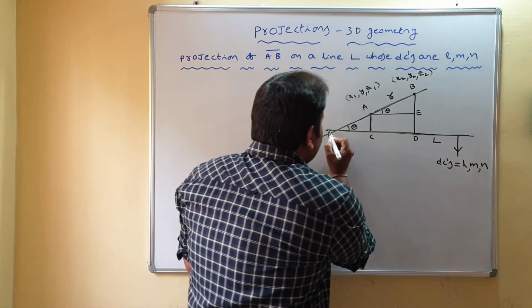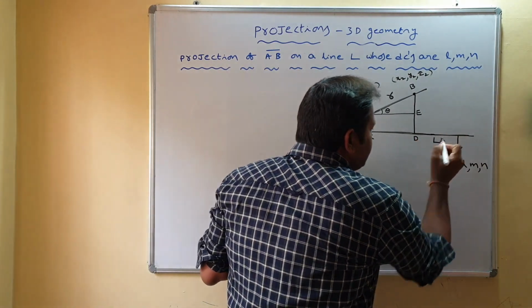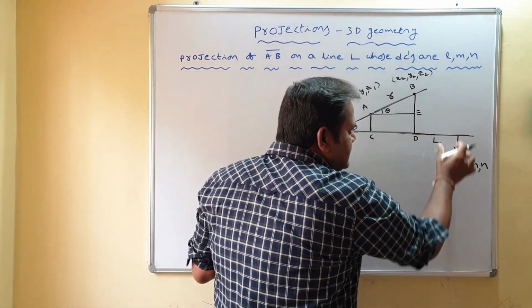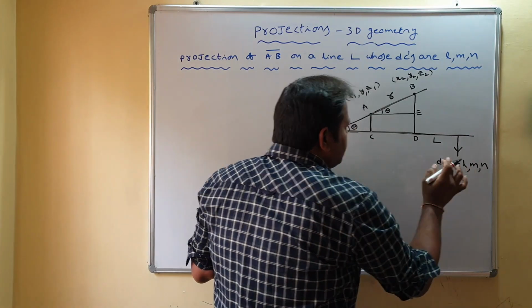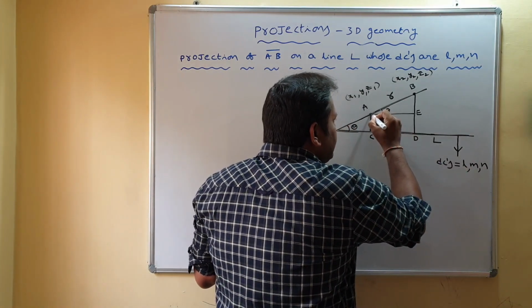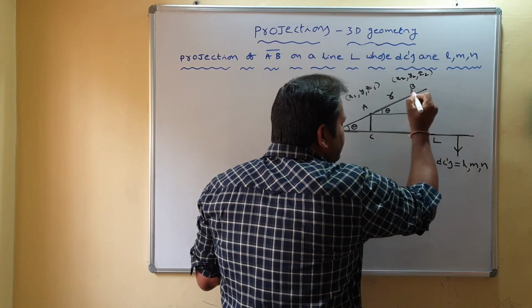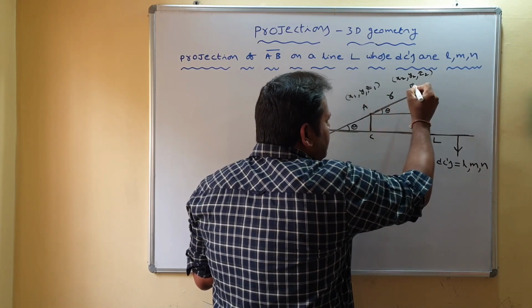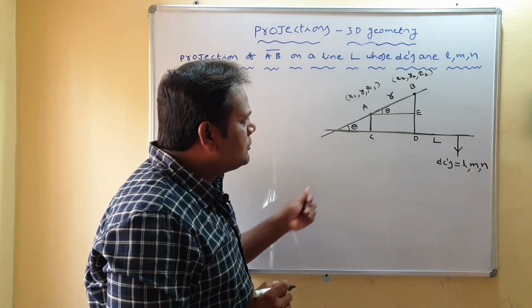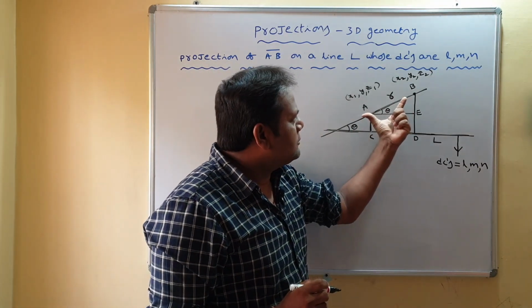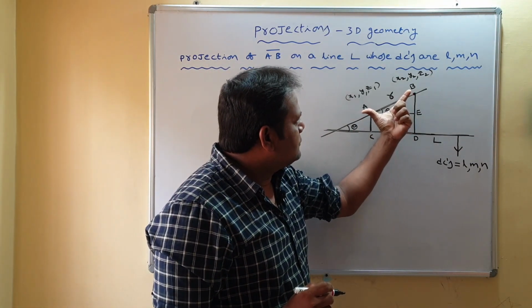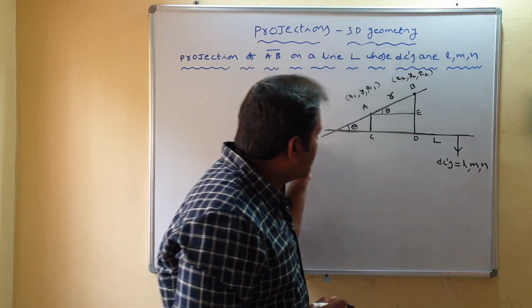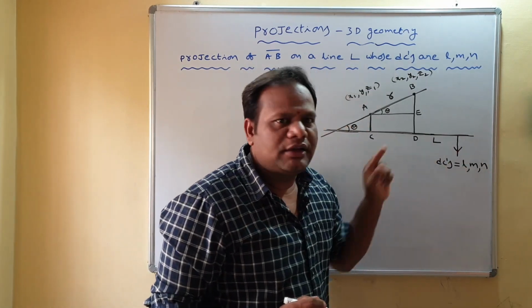Here I am taking the given line capital L with DCs l, m and n. This is point A (x1, y1, z1) and this is point B (x2, y2, z2). You have to find the projection of AB onto the line capital L.